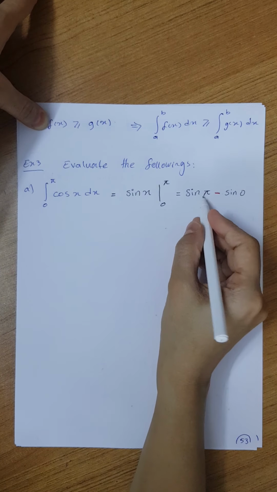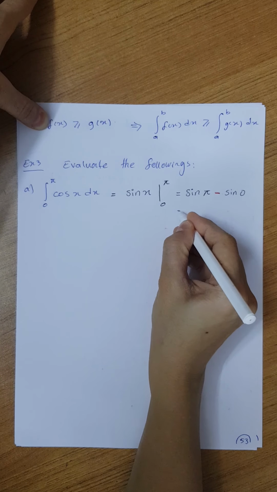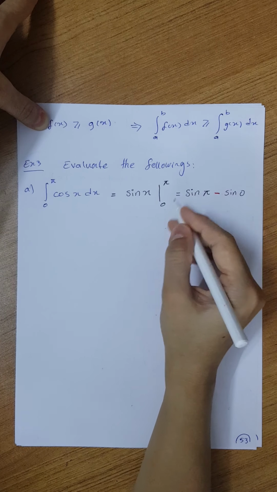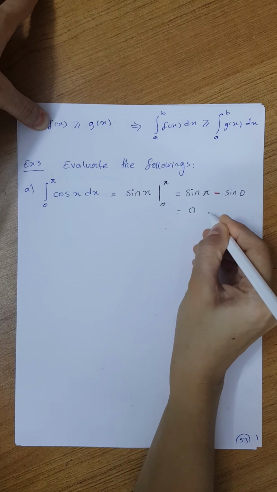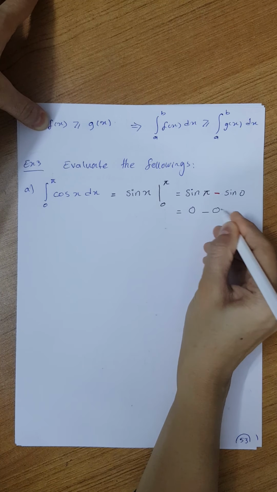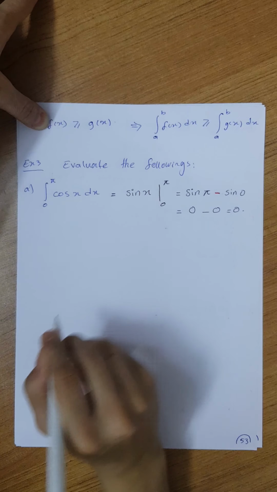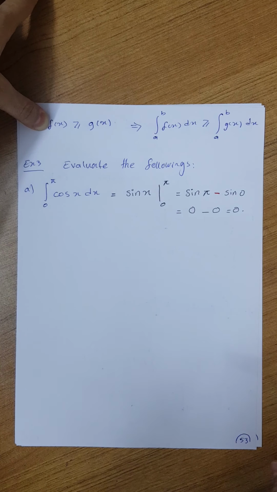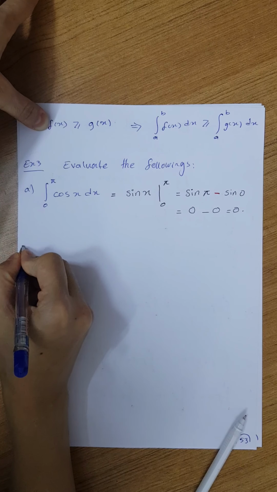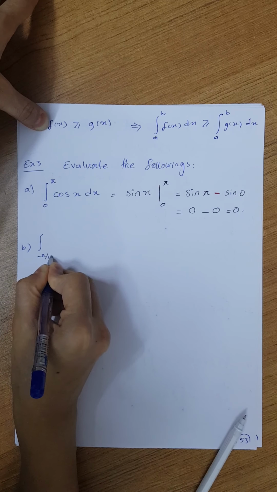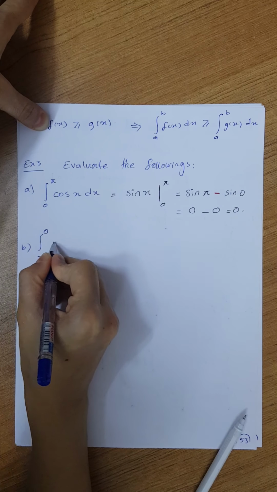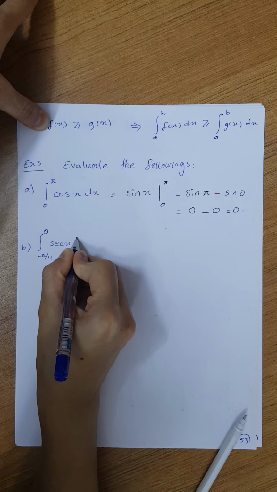Now sine of pi is equal to sine of 180, which, as you know, is 0. Minus sine of 0 is 0, and the result is 0. Okay, easy.